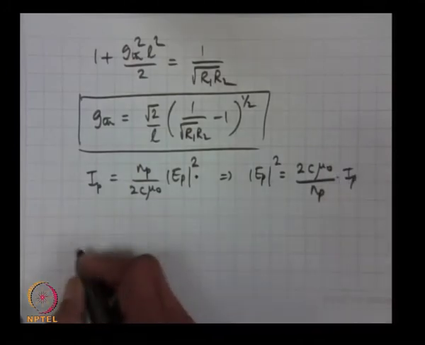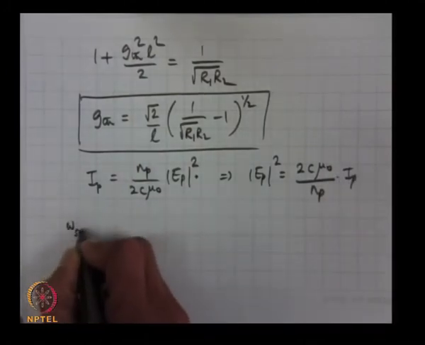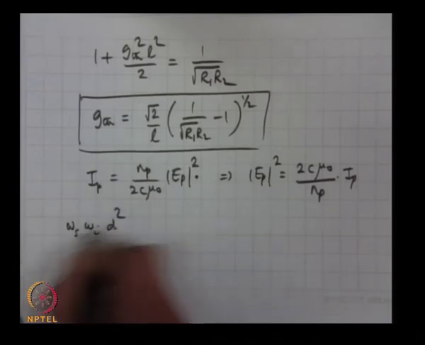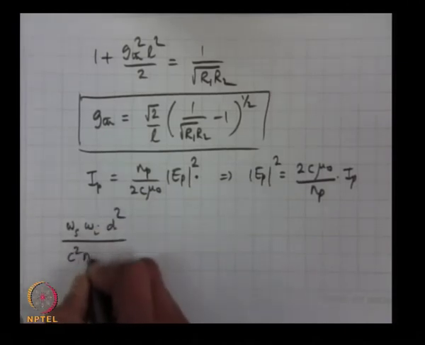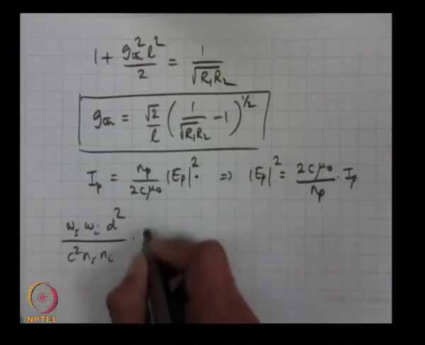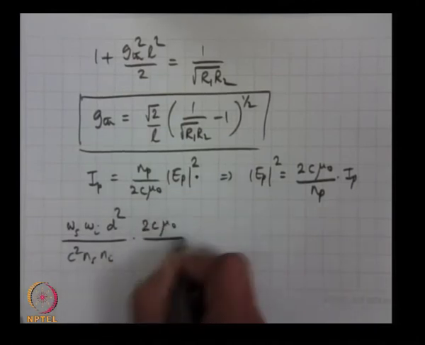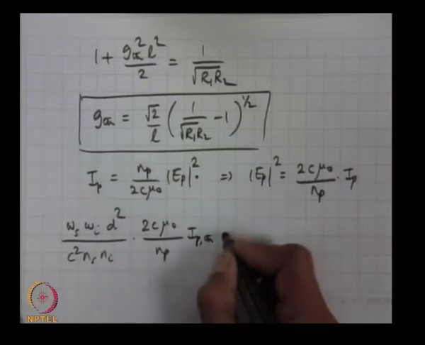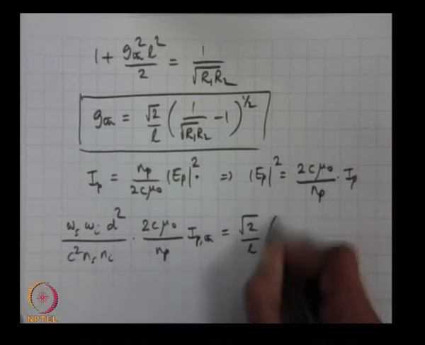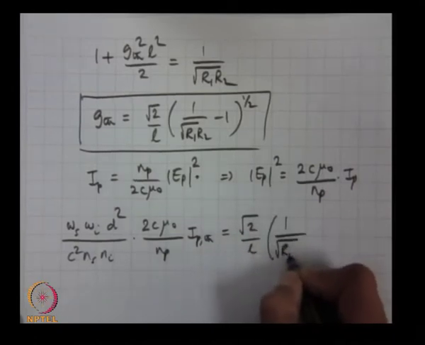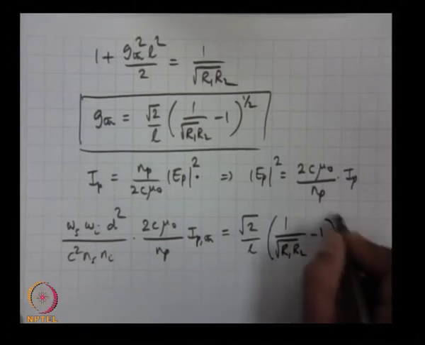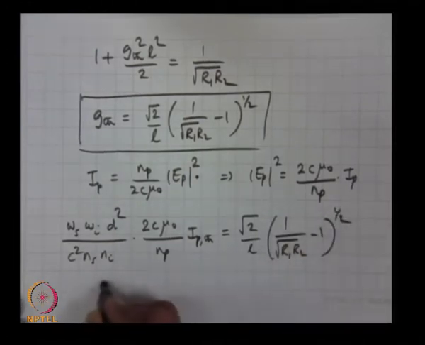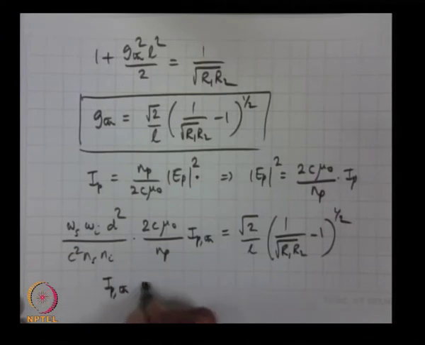So G threshold becomes omega S omega I d square by C square ns ni into 2C mu 0 by NP IP threshold is equal to square root of 2 by L, 1 by square root of R1 R2. So that gives me an IP threshold. So 1 C goes off.